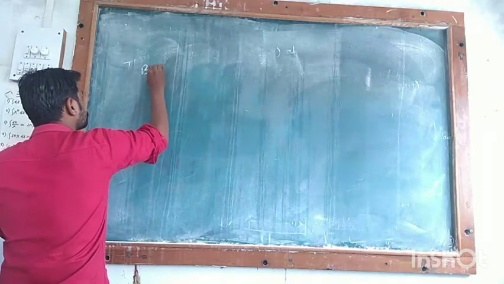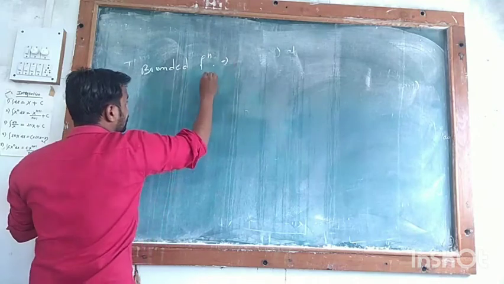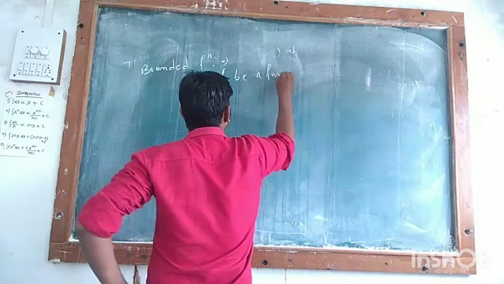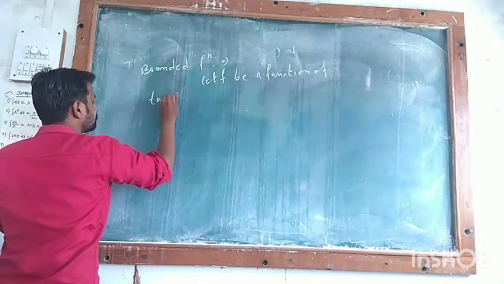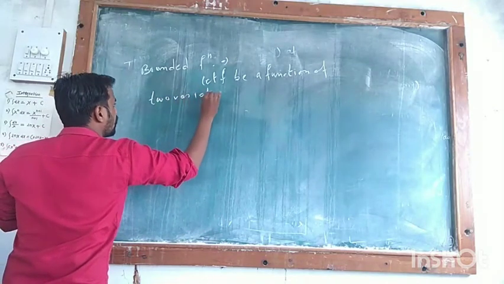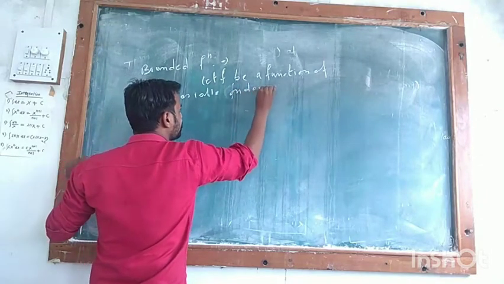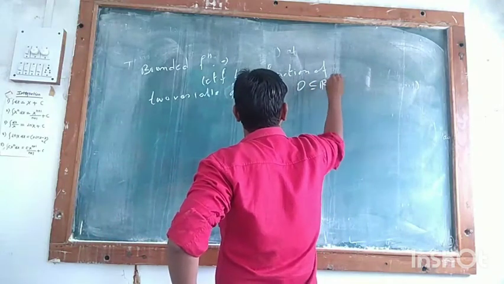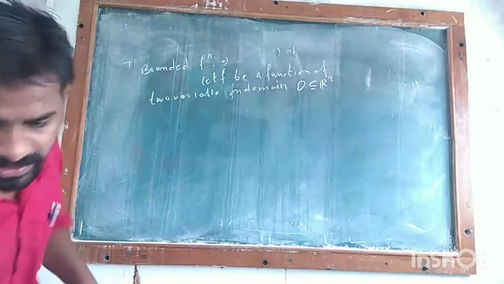Now next, bounded function. Let f be a function of two variables on a domain D, a subset of R square.